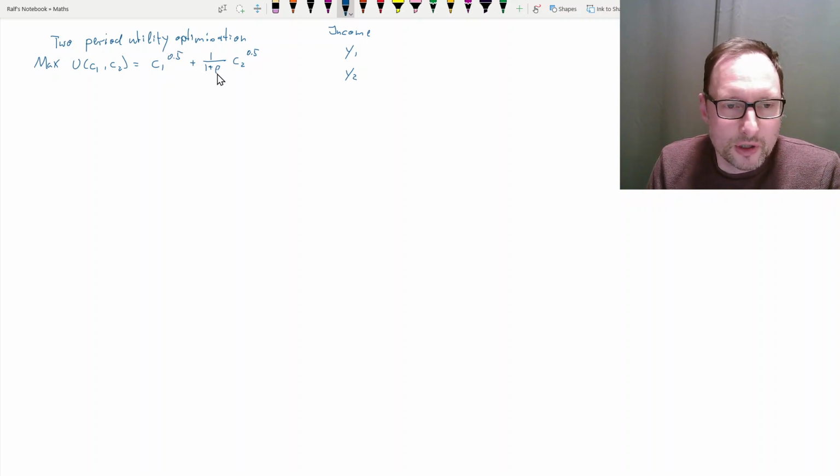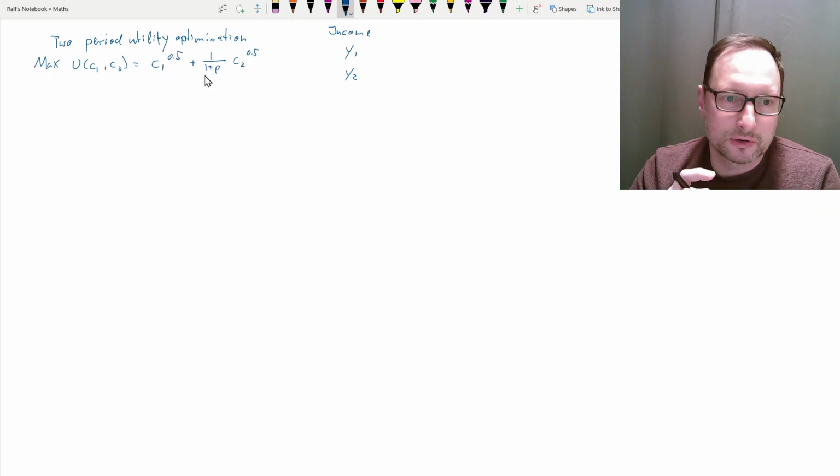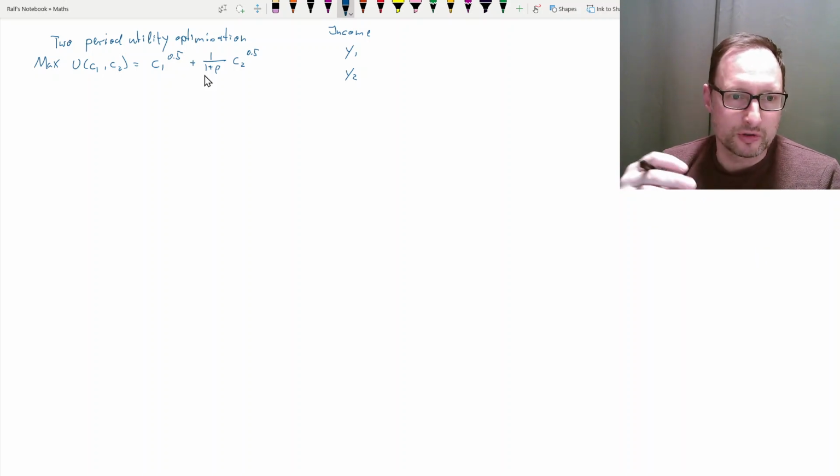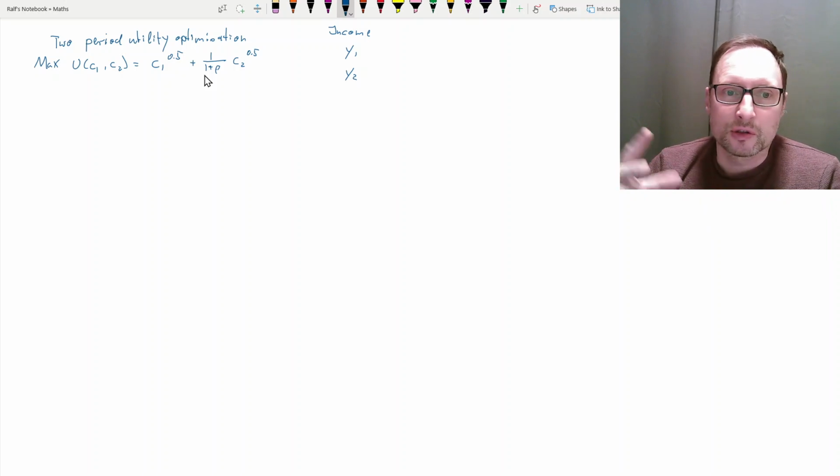Now this rho is a parameter of that utility function, which determines how strongly you discount future periods' consumption. The bigger that rho, the more important consumption today is relative to consumption tomorrow. If rho is small, for instance if it was 0, then consumption tomorrow matters to you just as much as consumption today.